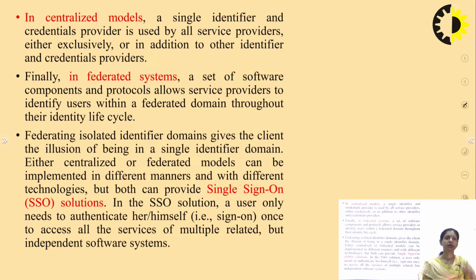In the centralized model, we have a single identifier and credentials provided by one provider, which can be used by all the service providers. In federated systems, we have a set of software components and protocols which allow service providers to identify users within a federated domain throughout their identity lifecycle.